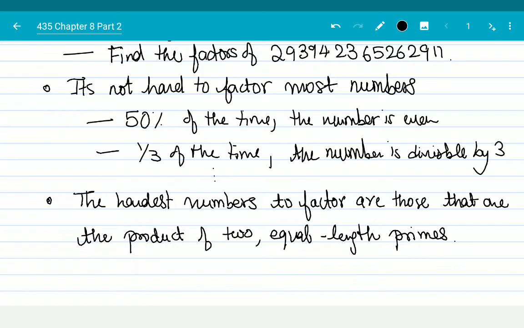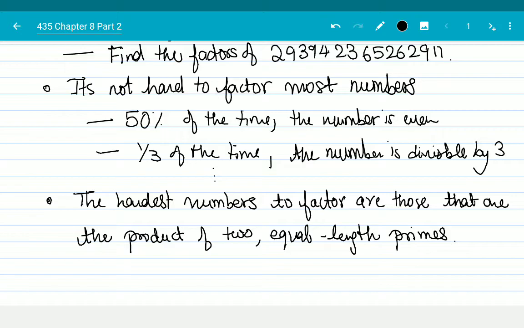If one is big and one is small, generally you'll hit the smaller prime quickly, relatively quickly. If a number is a product of two equal length primes, both the primes are around the size of square root of n.